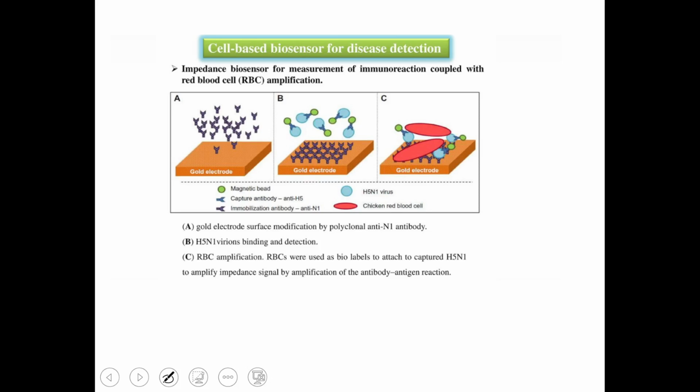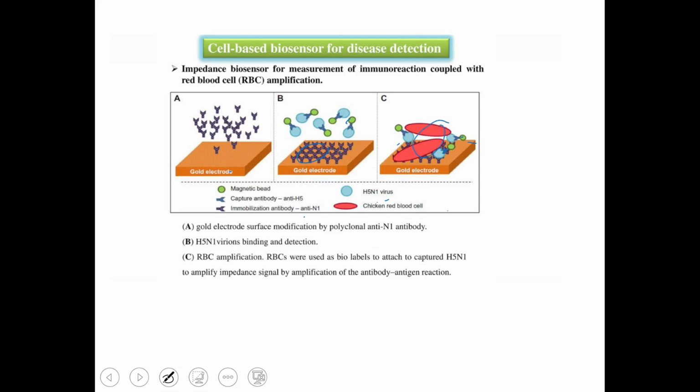So this is the cell-based biosensor for disease detection, an impedance biosensor for measurement of the immunoreaction coupled with red blood cell RBC applications. So we have the gold electrode material. This is the magnetic bead, these are the capture antibodies, this is the immobilized antibodies, and this is the H1N1 virus, the blue one, and chicken red blood cells, these are the blood cells.